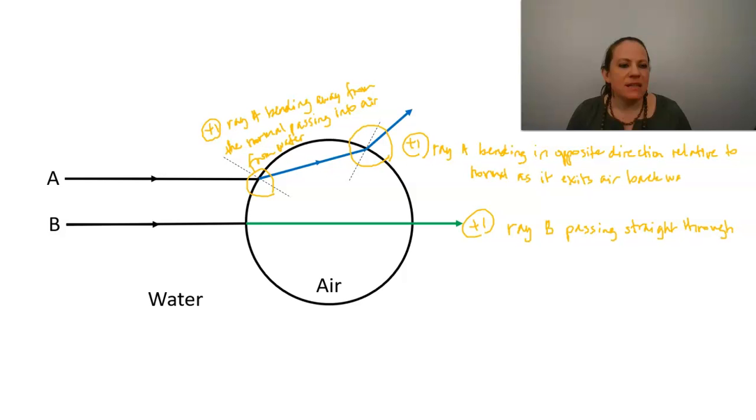So what this means is if you got confused and accidentally drew ray A getting closer to the normal on the way into the air bubble, but then bending back away from the normal on the way out, you would at least get partial credit here for recognizing that ray A is going to do the opposite thing at the second interface as what it did at the first.